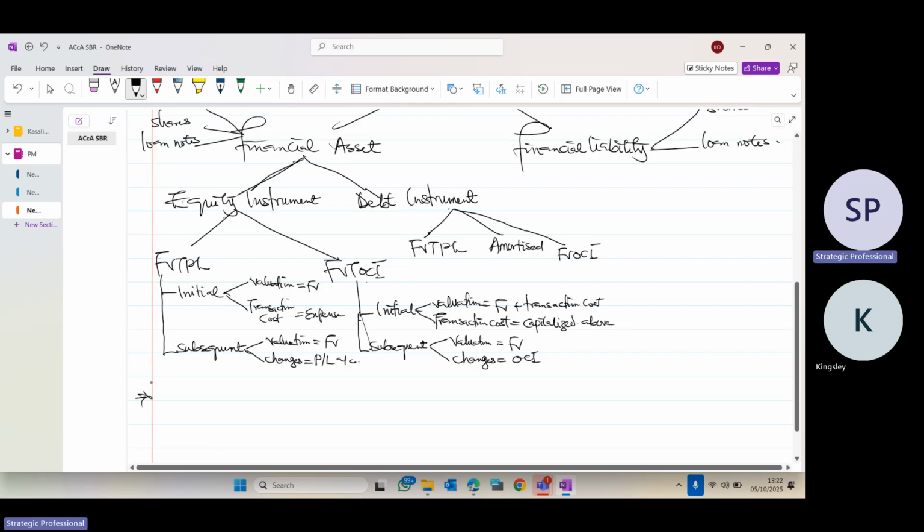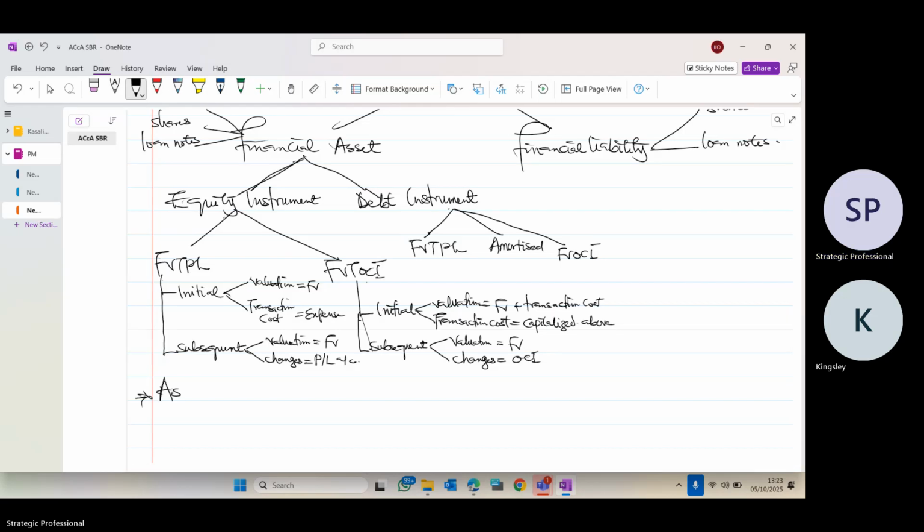Another form of investment that we have is what is known as what? Associate. An associate is an investment between 20% to 49%. Are we still together? Yeah. So when we talk of associate, it is where an entity has a significant influence over the associated company.